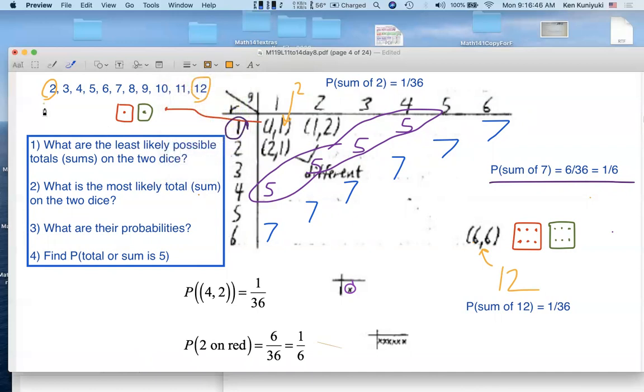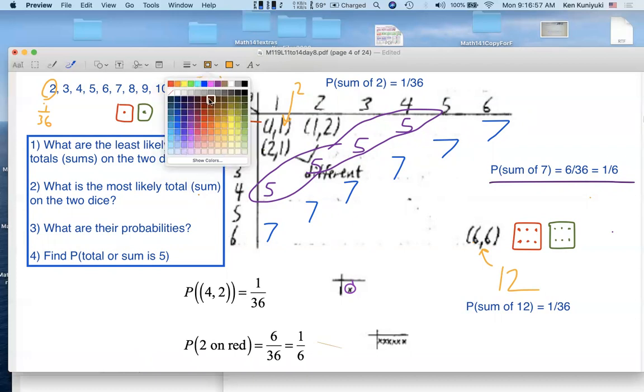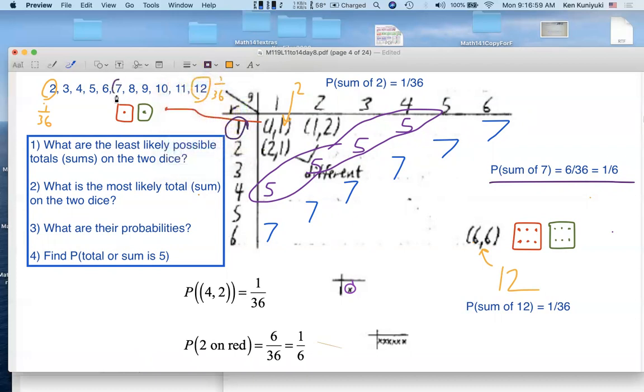What is the most likely sum or total? The answer to that was 7. The probability of that was 6 over 36, or 1/6.